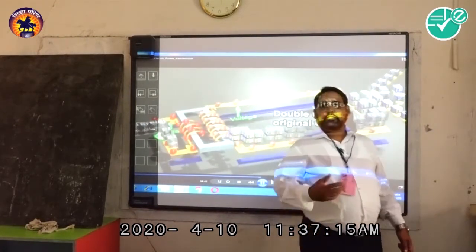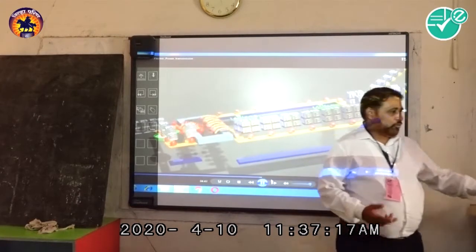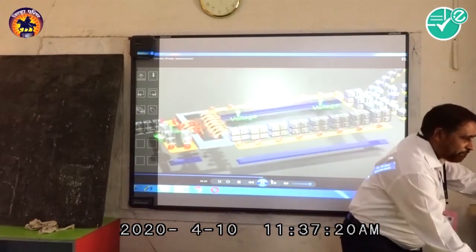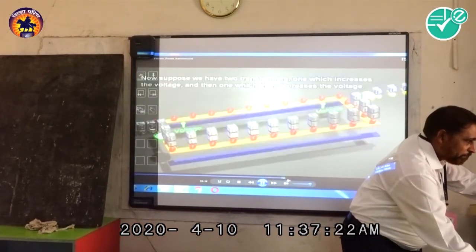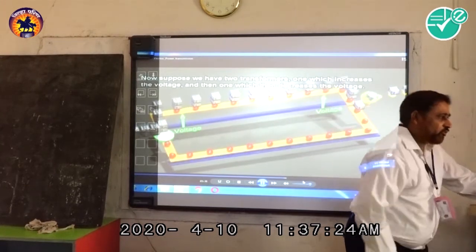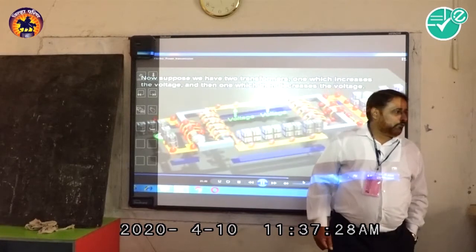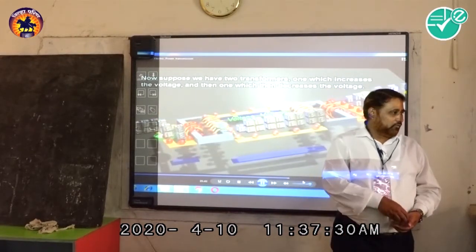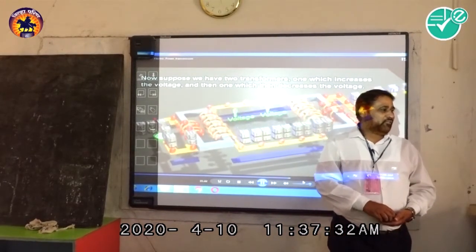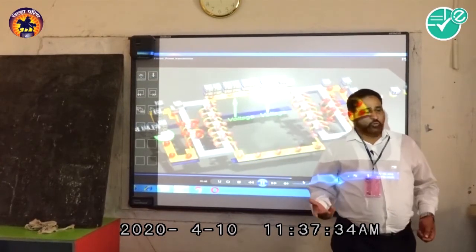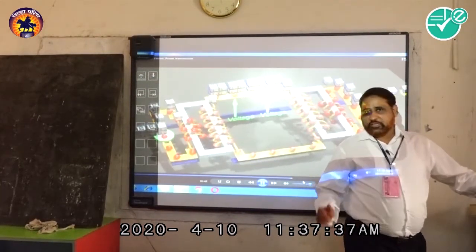You can double the original voltage. You can observe that in that particular scheme. And now suppose we have to transmit power. We have two transformers, one which increases the voltage and one which decreases the voltage. Then what happens? You can observe here.